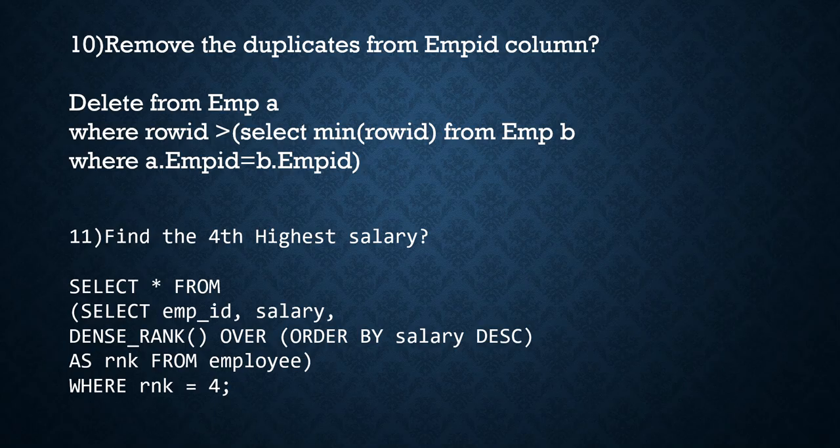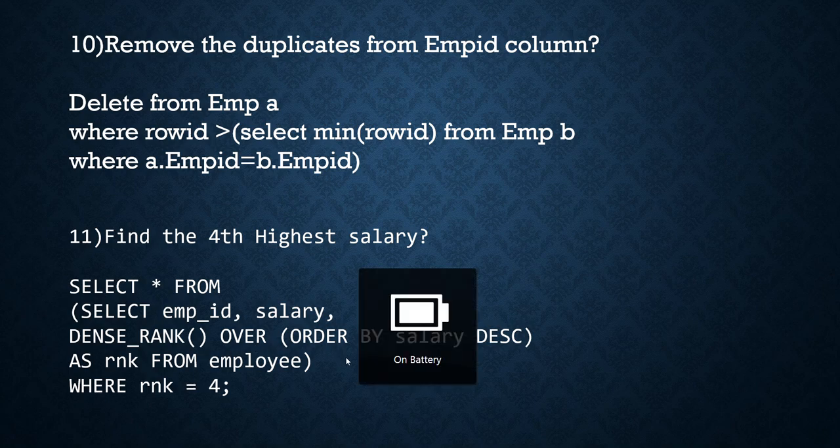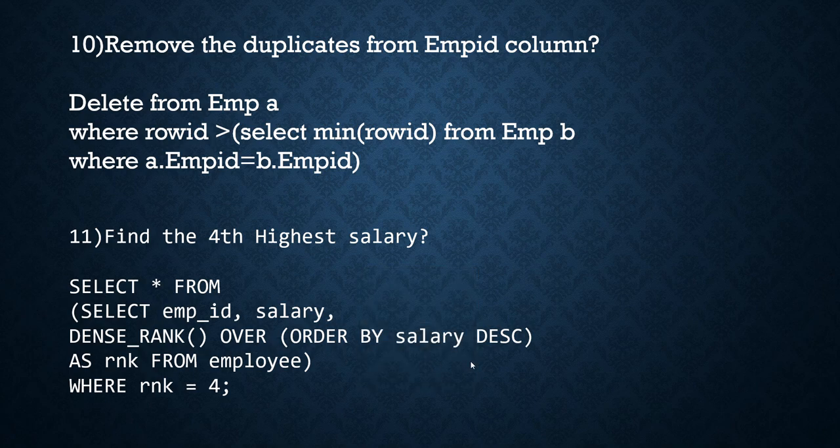That is why we are using dense_rank over order by salary descending as rank. Rank is an alias name, from table name employee, where rank, the alias name we took here, is equal to 4. This will fetch the fourth highest salary.